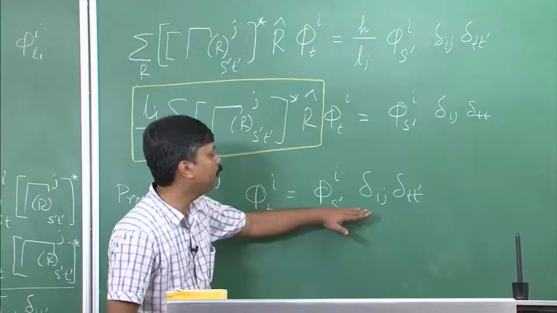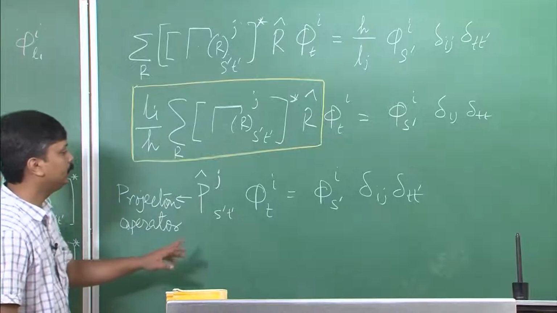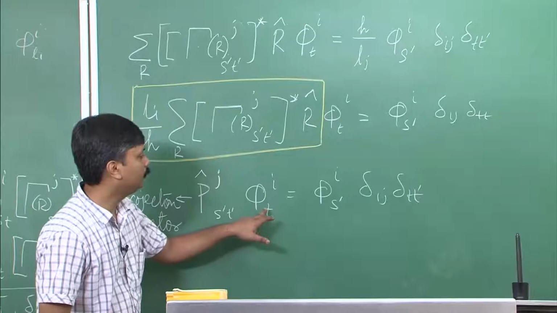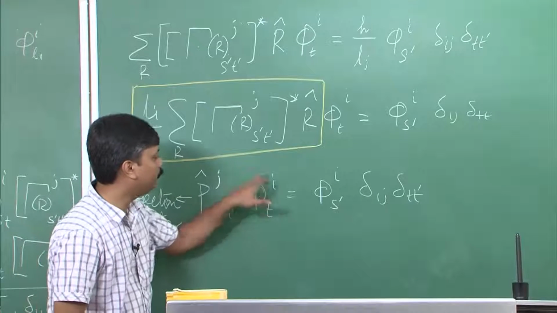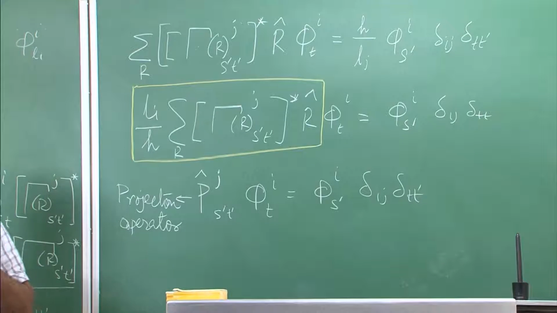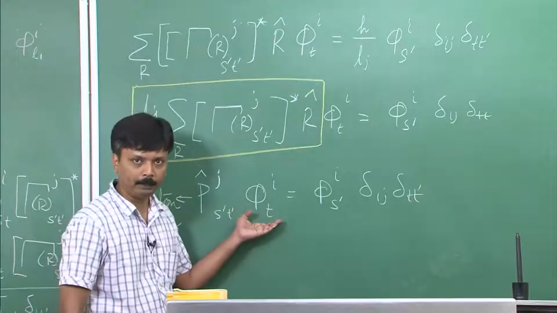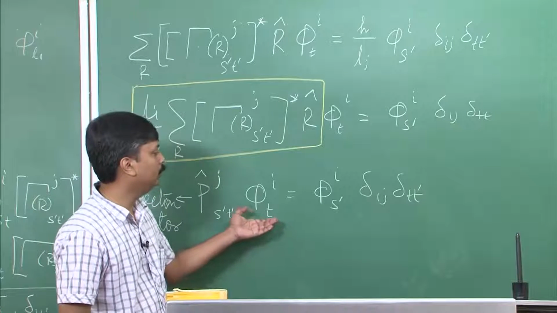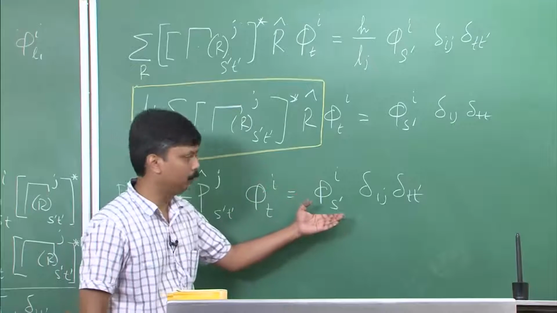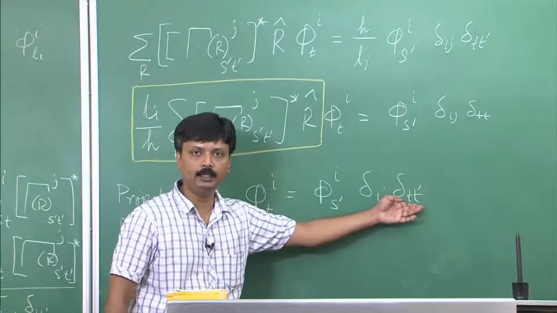This projection will take place only when this function phi t contains phi t prime, because I have this delta function delta t t prime.